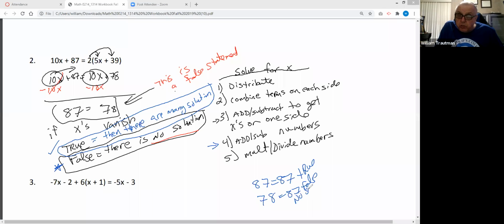This is no solution. This is many solutions. This is only when the x's disappear, when you don't have any x's left in the problem. And it happens every now and then. And you'll see that when you do the homework.